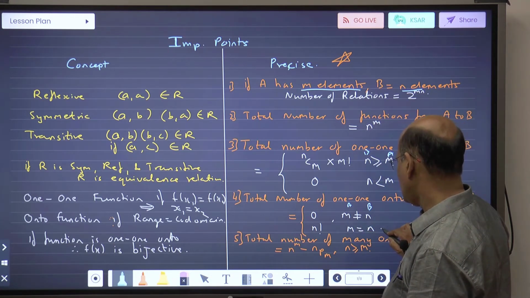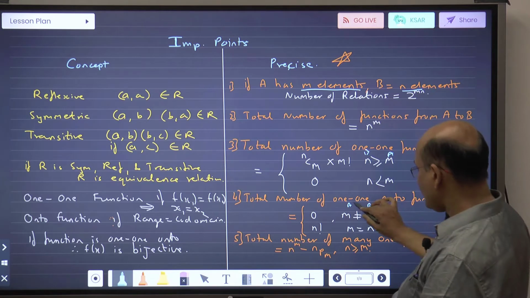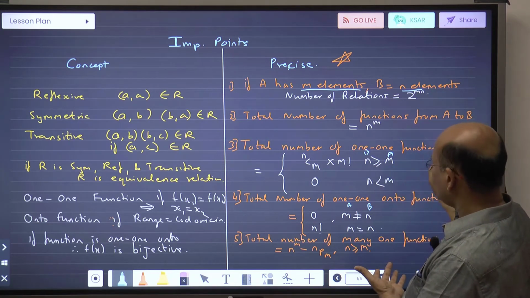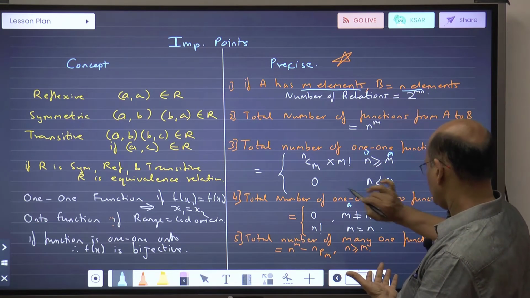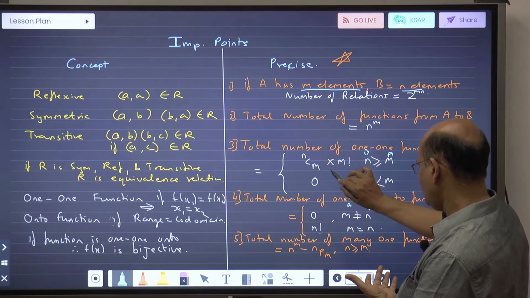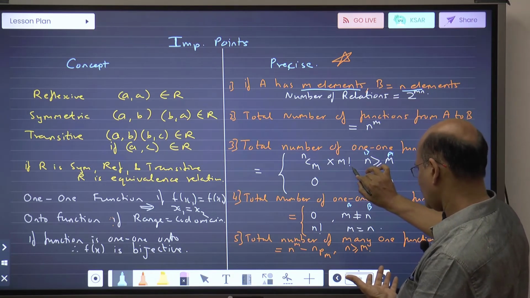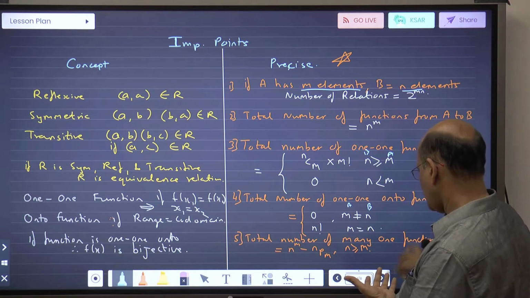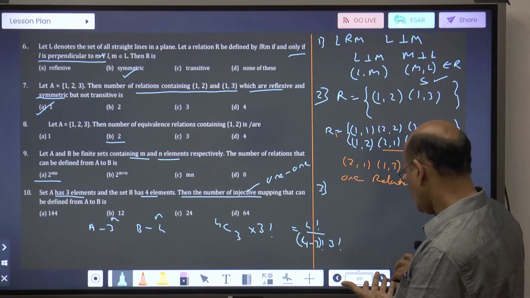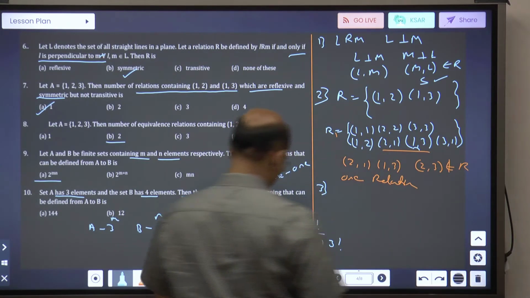If m is equal to n, the number of one-one onto functions is different. The number of one-one functions will be nCm into m factorial, where n is greater than or equal to m. There is no other option.